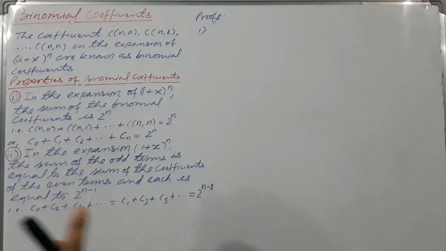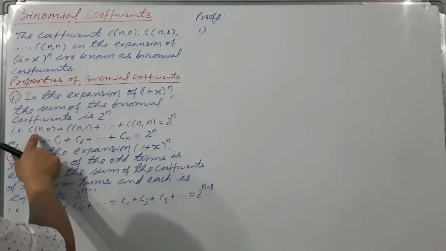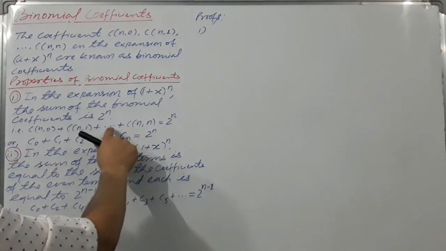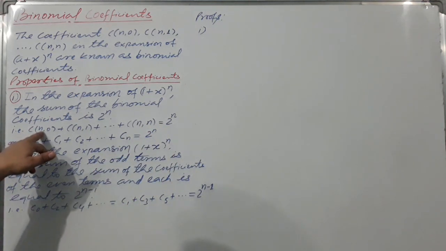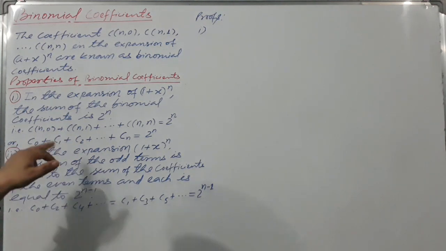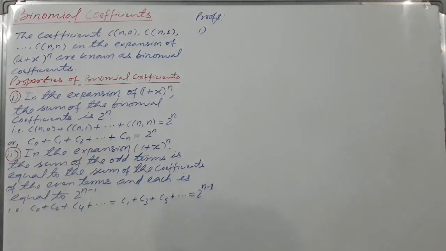Number one, the important one I've taken, we can write down: nC0 + nC1 + ... + nCn = 2 raised to power n. For simplicity, we can ignore n and write C0 + C1 + C2 + ... + Cn = 2 raised to power n.